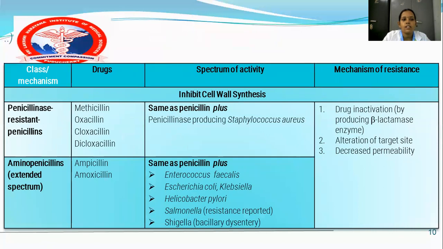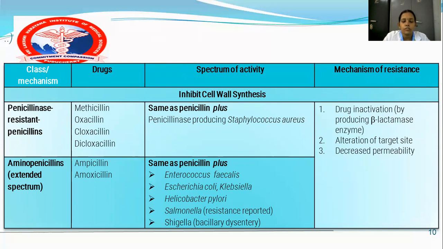And penicillin-resistant penicillins are methicillin, oxacillin, cloxacillin, dicloxacillin. See here, if you take any wound infection, getting a pus culture or anything, if you are getting an organism called Staphylococcus aureus, mainly you have to see the penicillin-resistant group drugs. So along with the cephalosporins, they will keep the penicillin group drug, either methicillin or oxacillin or penicillin or ampicillin.